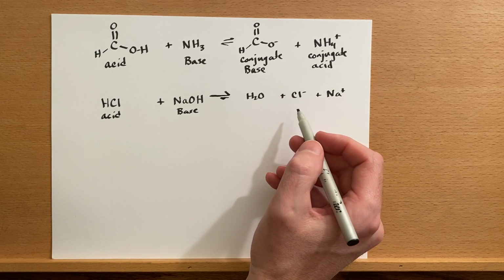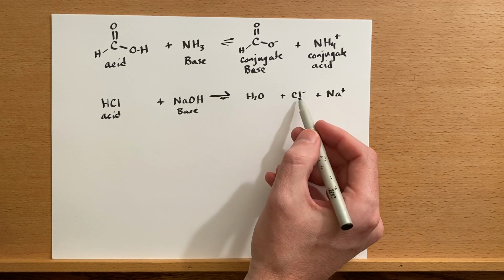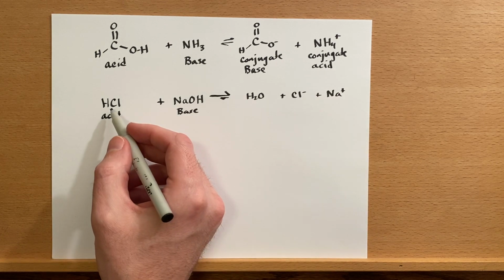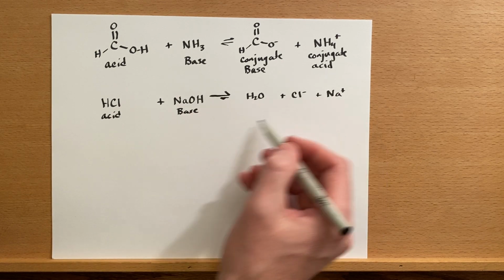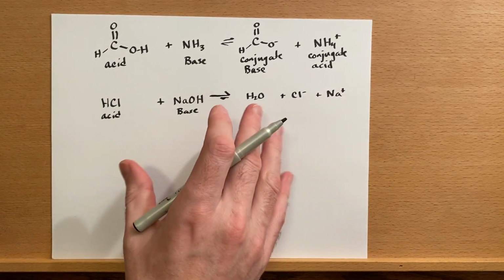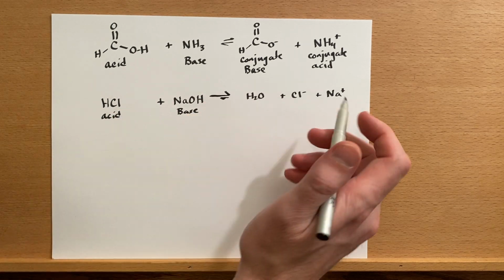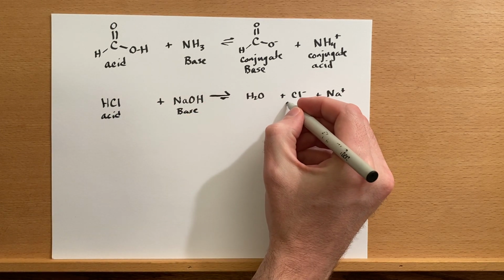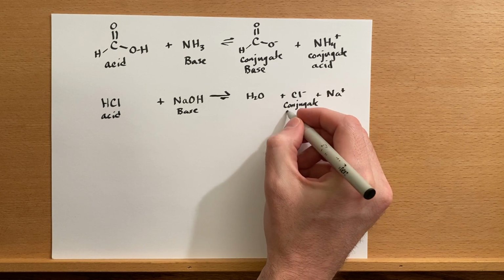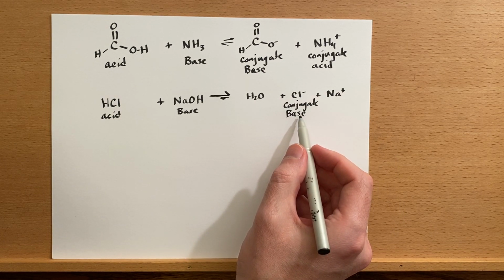It has almost no acid-base qualities about it because in order for this to be actually a base, it would have to become a strong acid, and this reaction is just not going to go in that direction. But, you know, technically speaking, this is the conjugate base, it's just horrible at it.